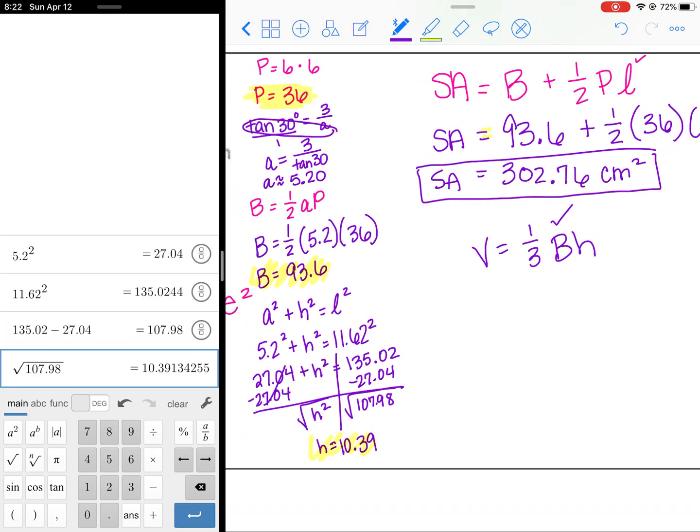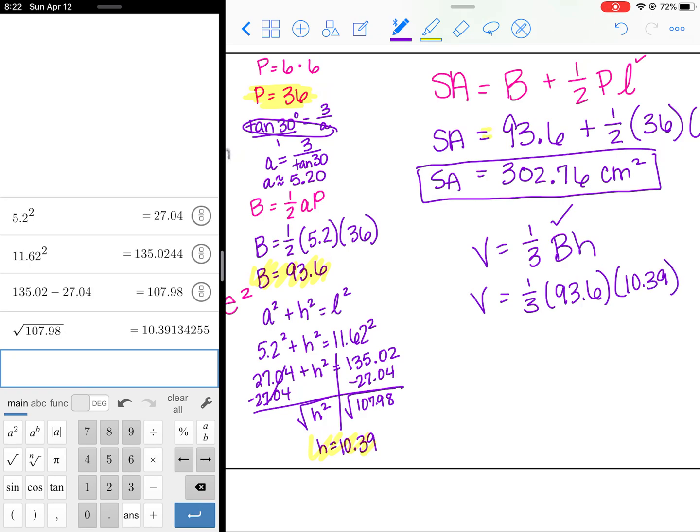So let's plug in what we know. So 1/3 the area of the base, which was 93.6, times the height, which was 10.39. Plug this into my calculator.